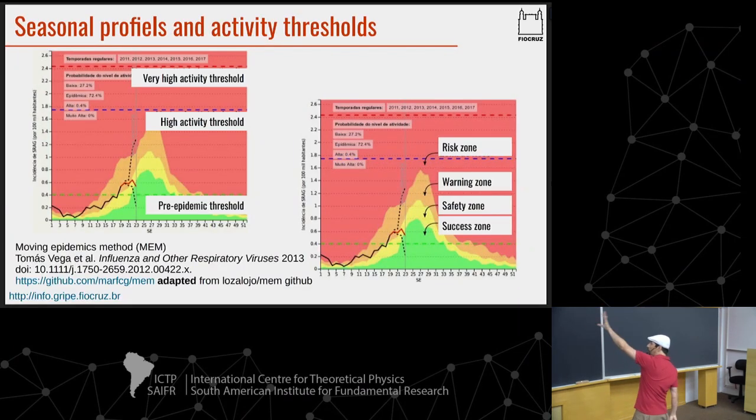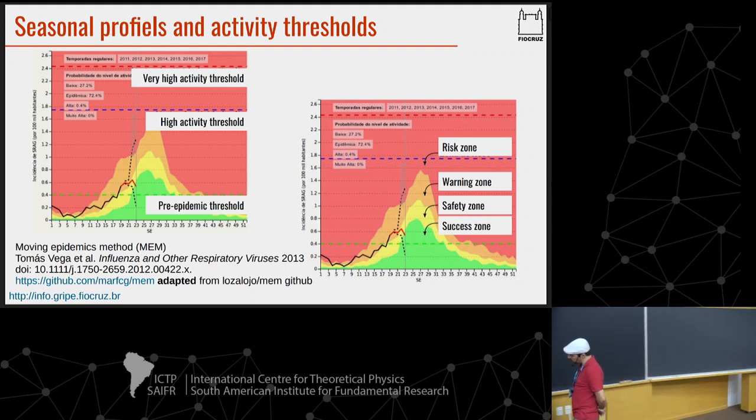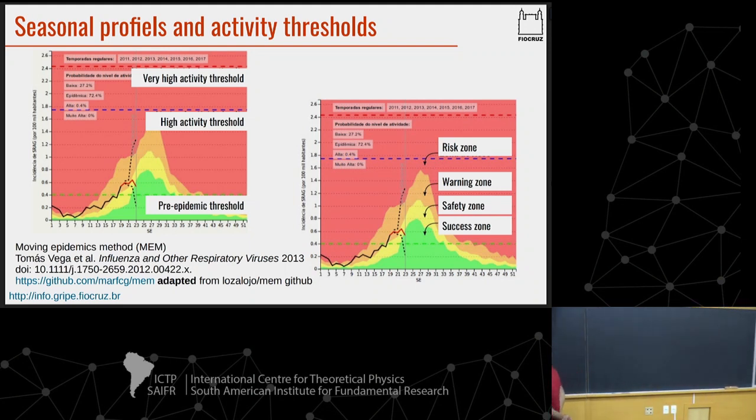So on the left-hand side here, this is again SARI data in Brazil. The horizontal green dashed line, blue one, and red one are associated with those thresholds that we discussed in the previous class.